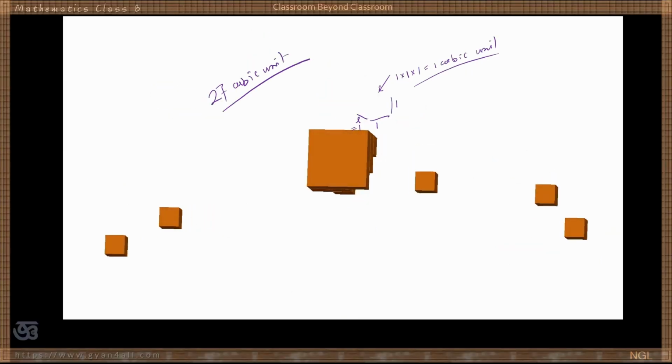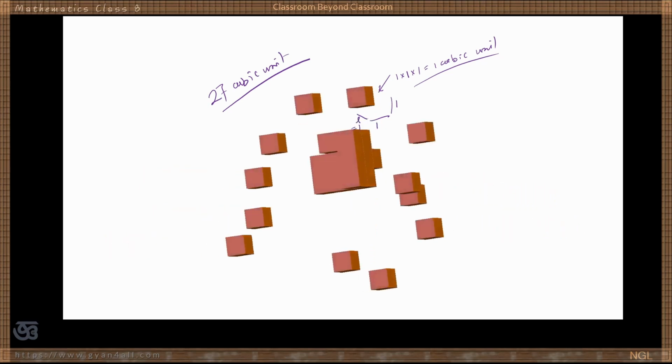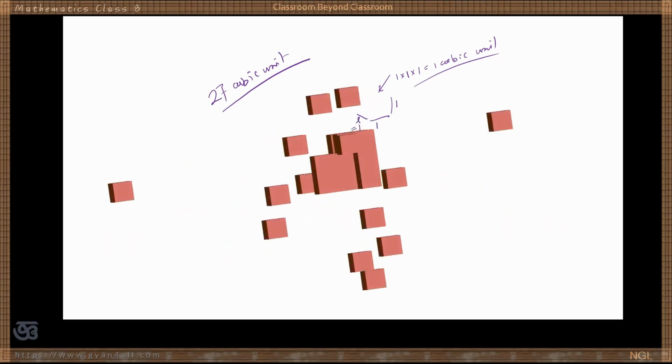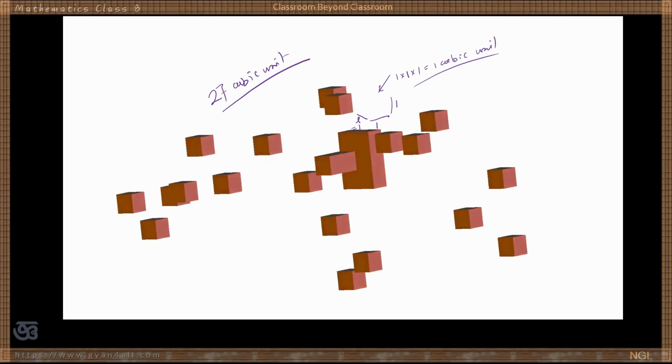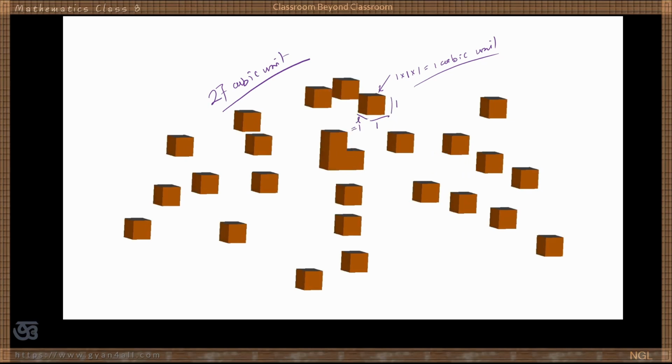So this is the idea that volume is measured by the number of unit cubes required to make the solid. So in this case, these 27 unit cubes make the whole cube, and that is why the volume of the bigger cube is equal to 27 cubic units.